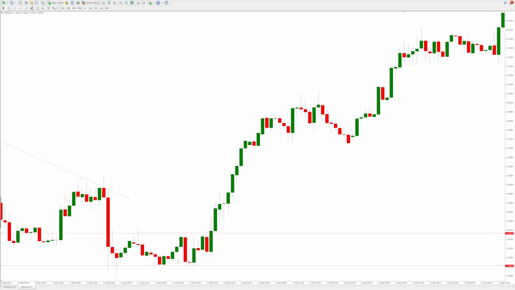Okay, so that's the basics of the double bottom candlestick pattern. At least twice, you want support to be tested, and you want to draw the neckline and wait for a breakout of the neckline, the resistance level.